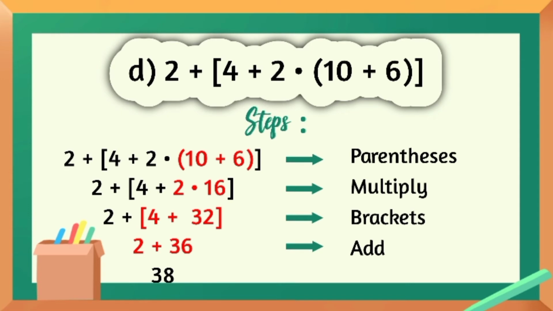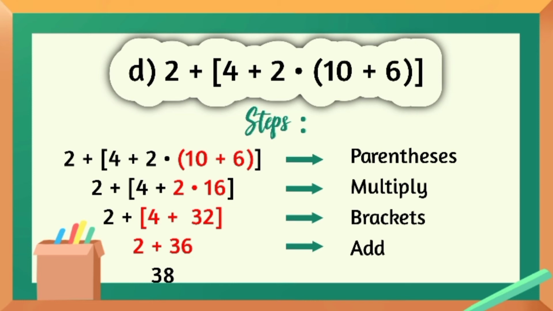Example D, 2 plus [4 plus 2 times (10 plus 6)] blah blah blah. The solution is, if we find a problem like this, we have to follow the appropriate operating rules, which is solving parentheses first before brackets, so that we get 10 plus 6 equals 16.